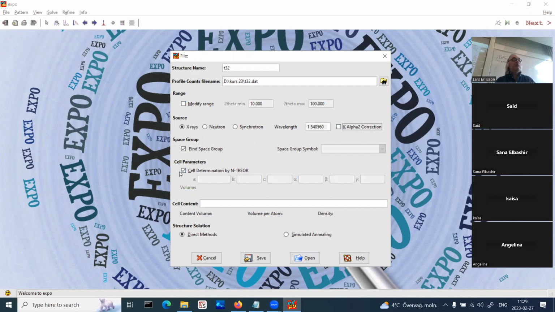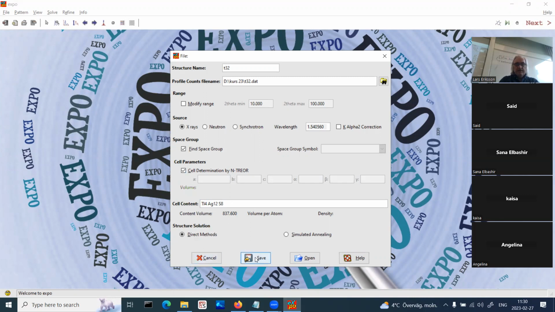We can try a cell determination within EXPO by Treor. Cell content, what was it? It was thallium 4, silver 12, sulfur 8.